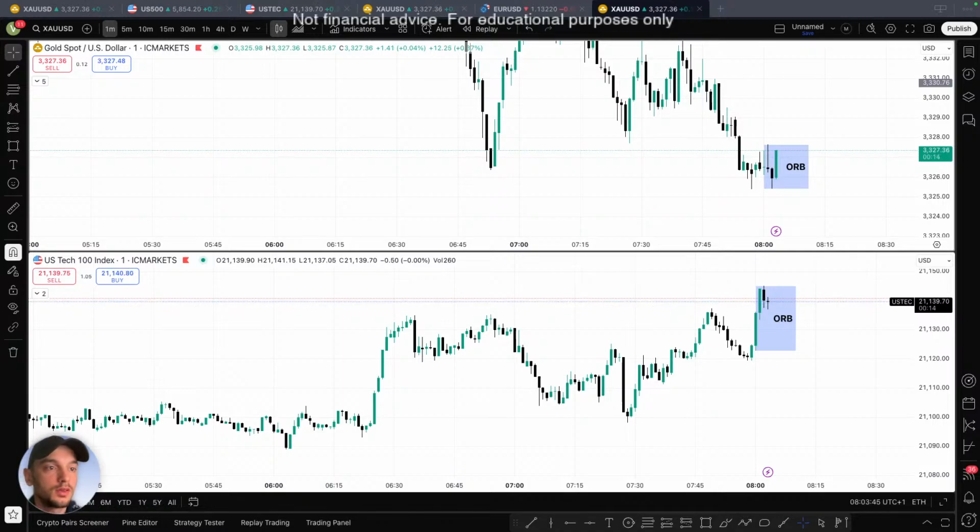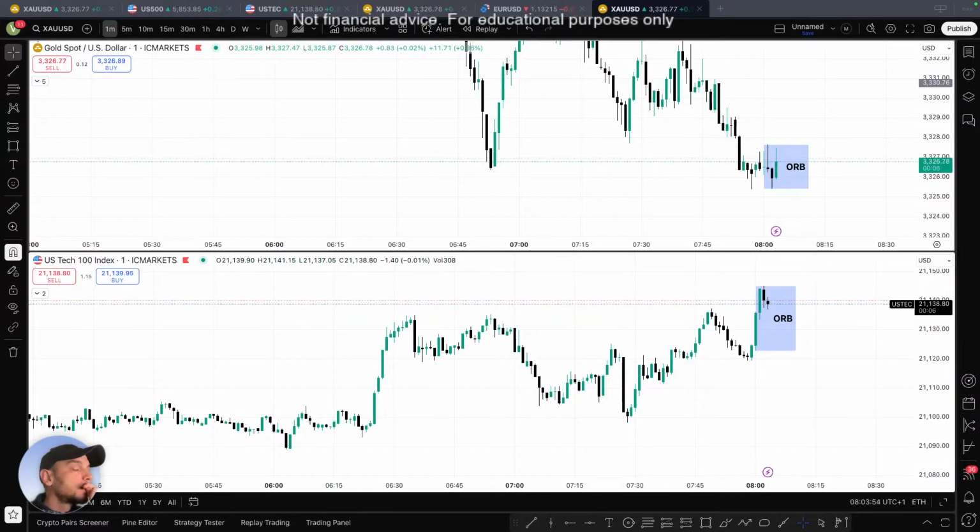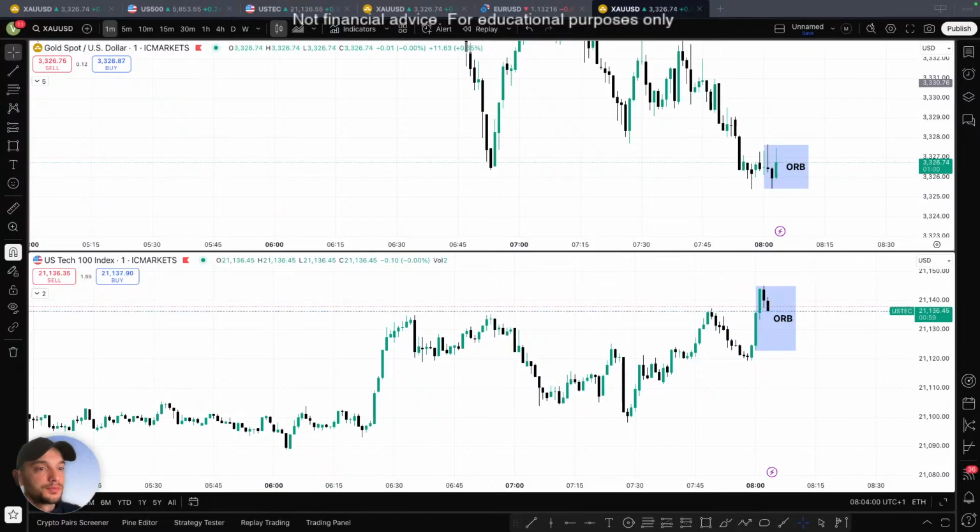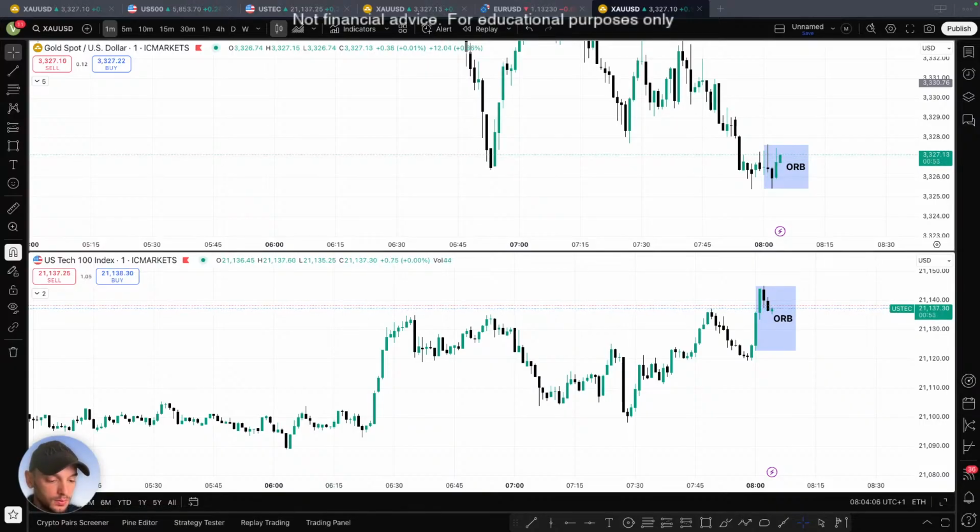Okay, everything is ready. I don't want to see gold going above, to be honest. This is the last candle.